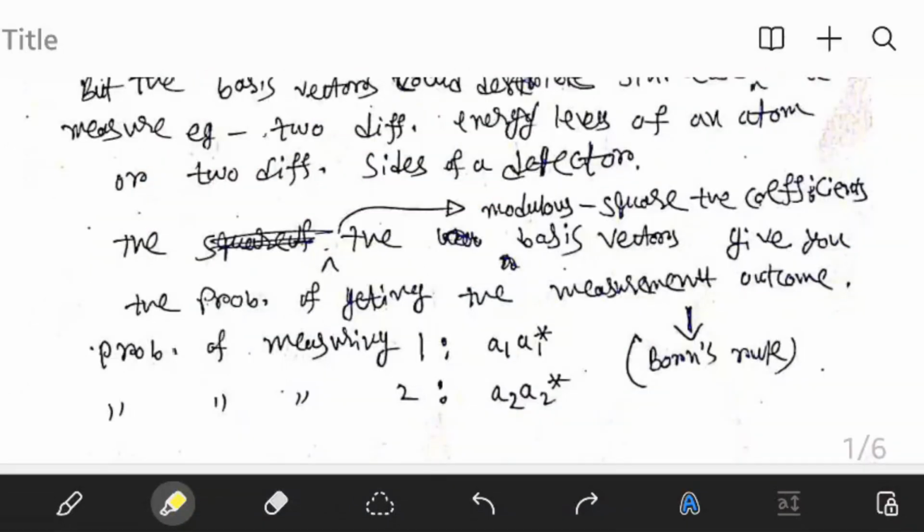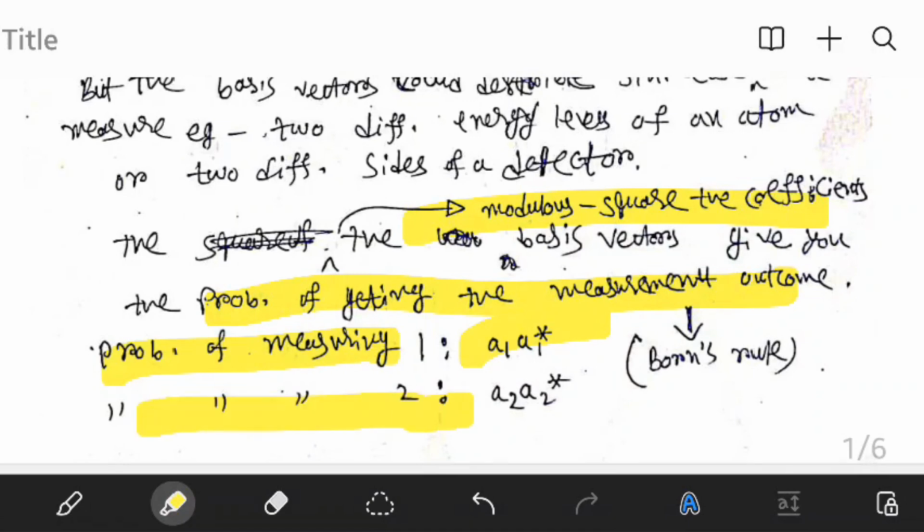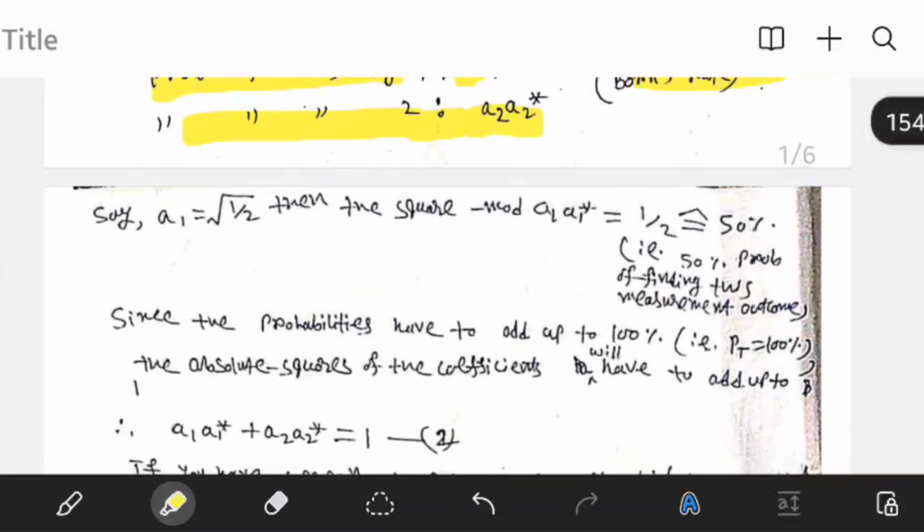So how can you get the probability in the case of a quantum system? You need to take the modulus square of the coefficients of the basis vectors. So the probability of measuring |1> is |a1|^2 and of |2> is |a2|^2. This is the Born rule.